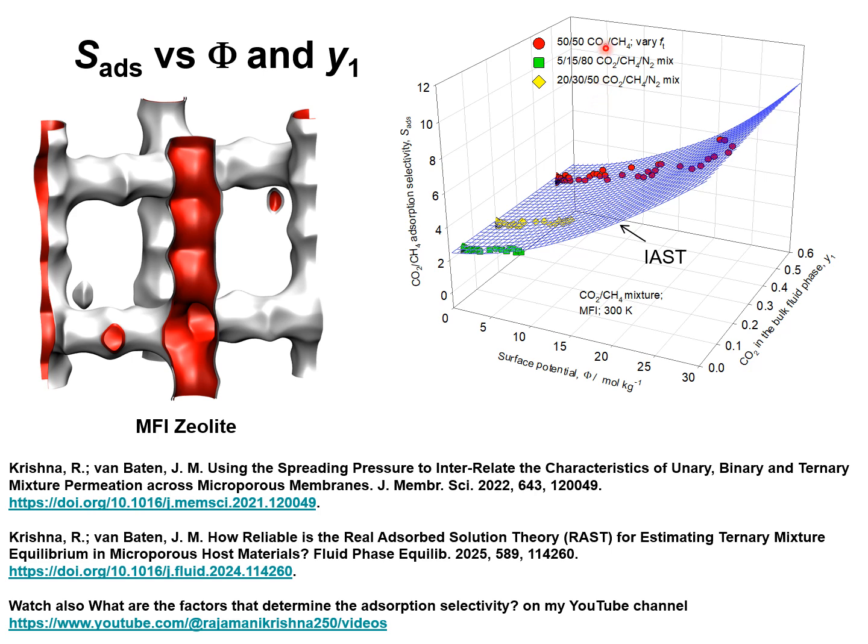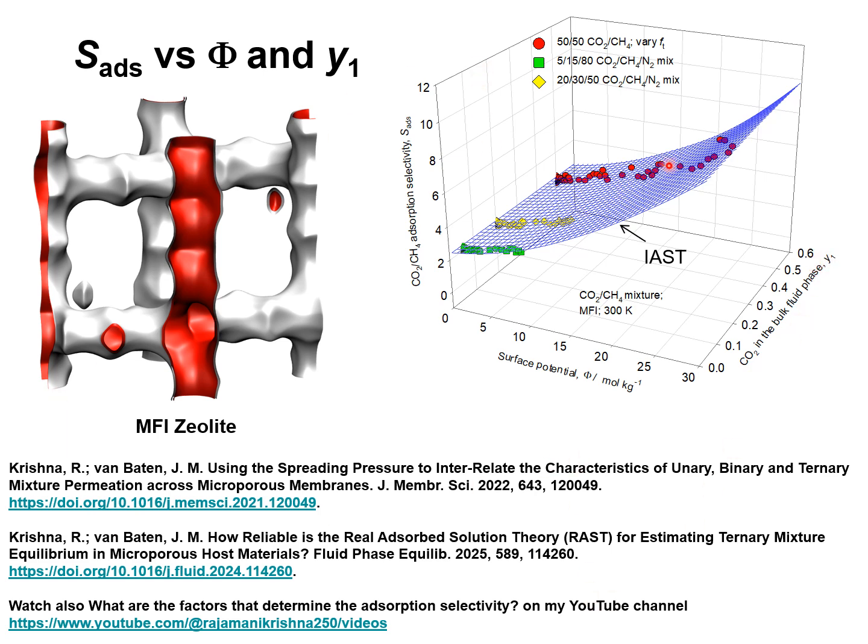CBMC simulations were carried out for 50-50 mixtures of CO2 and methane in MFI zeolite that consists of a set of intersecting channels of 5.5 angstrom. The adsorption selectivity for 50-50 mixtures are plotted as a function of the surface potential phi and the mole fraction of CO2 in the bulk gas phase mixture.